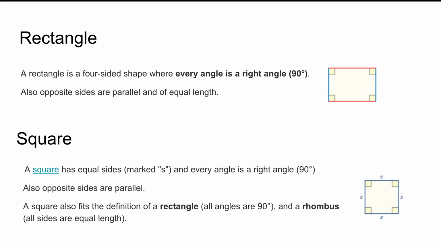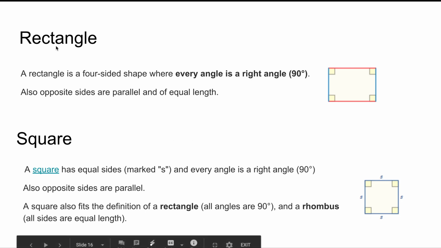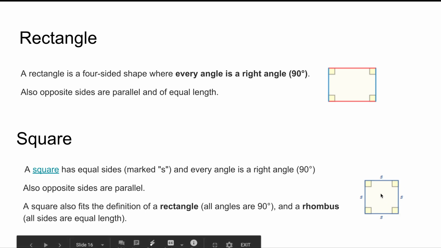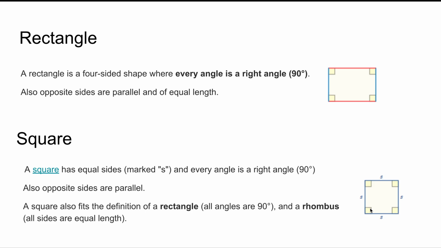The first thing we're going to talk about is the rectangle. Rectangle is rect plus angle. Rect means right, plus angle: right angles, which means all 4 angles are right angles, 90-degree angles. Okay, so this square is also a rectangle because it has all 4 angles at 90 degrees.